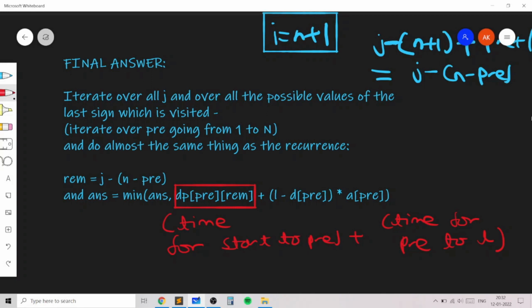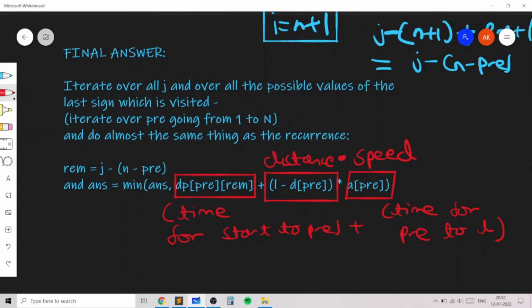So we take the position of L, and we subtract the position of the current sign to get the distance to be traveled. We multiply that by the speed, which is given by A[pre], to get the time taken to go from pre to L, and hence this is the quantity which we take the minimum of across all possibilities, and that's essentially the final answer. So the final answer actually repeats the recurrence, but I hope you understood it very well now.